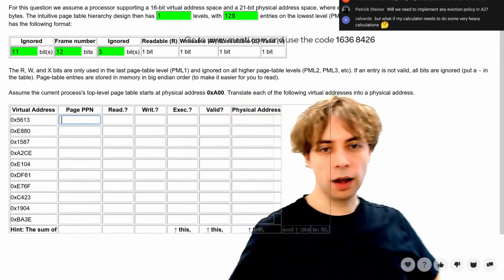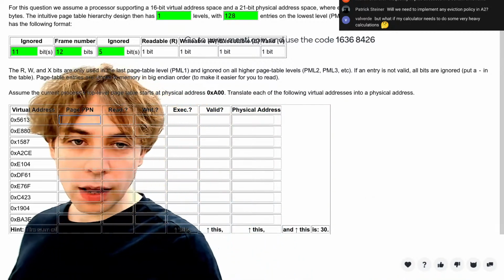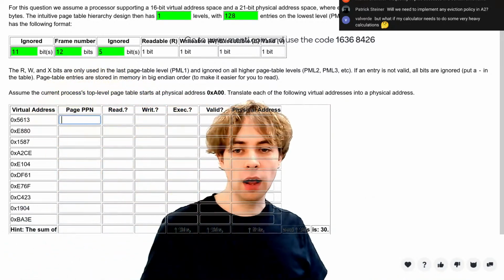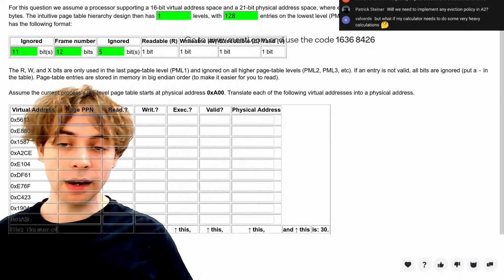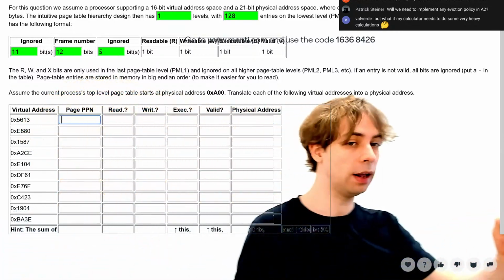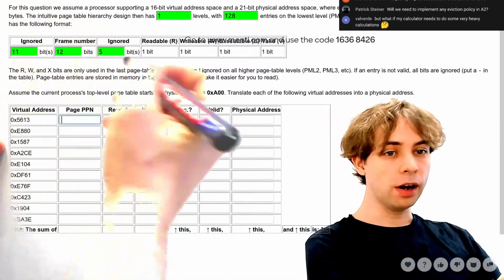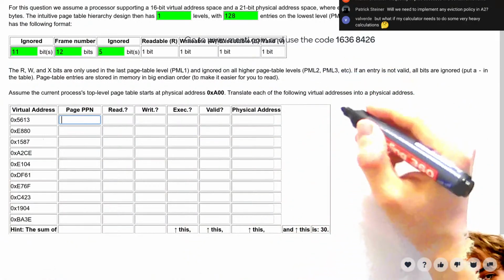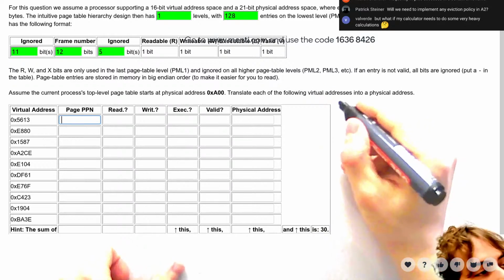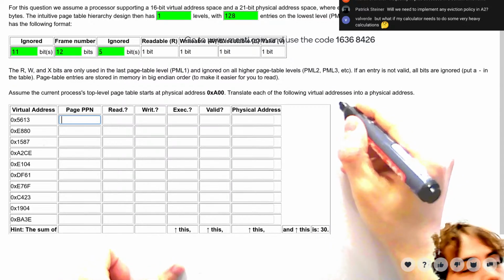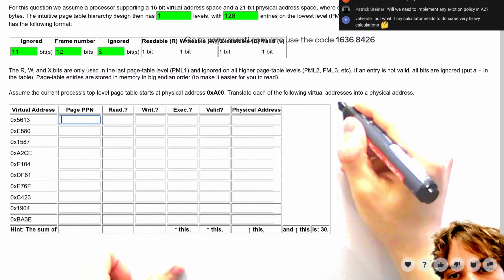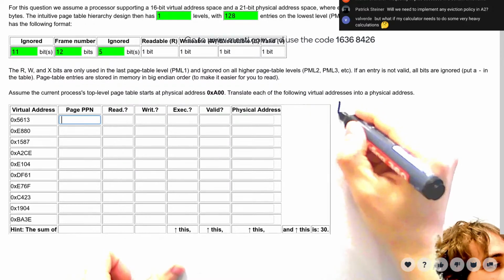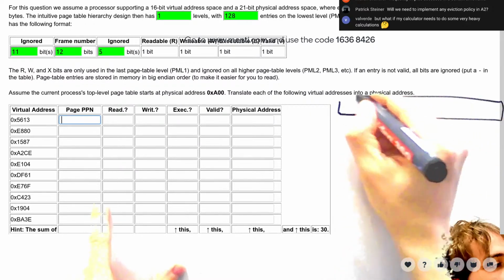So we have 5613, and we need to split this into the page table index and the offset, because we now only have page table index and offset. And for completeness, I will draw here maybe the struct for the pointer. So it's a 16-bit virtual address. So it's like this. This is what a pointer looks like.